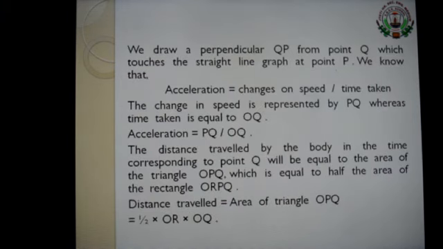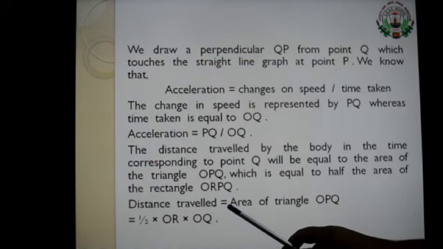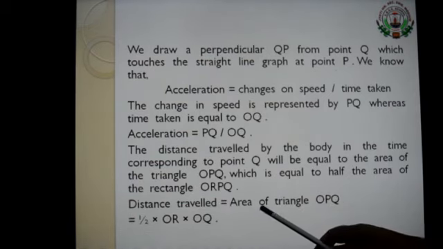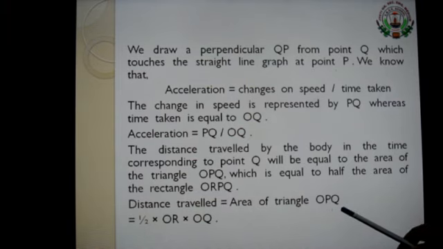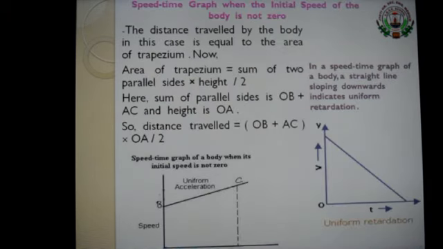Therefore, the distance travelled is equal to area of triangle OPQ, which is half into OR into OQ.